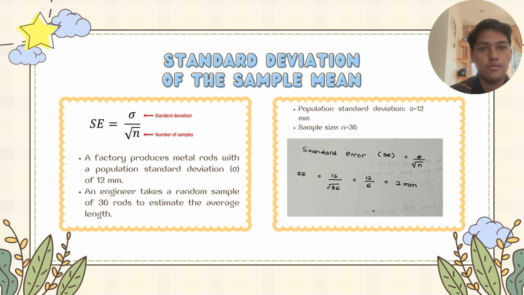So the standard deviation is 12 millimeters and the sample size is 36. The formula: 12 divided by the square root of 36. So we get 12 divided by 6, which is 2 millimeters.